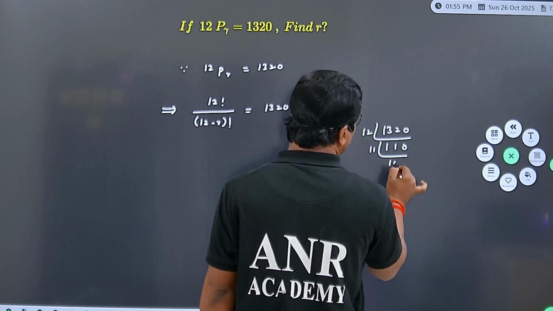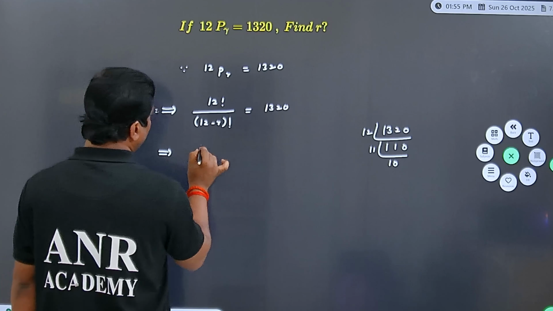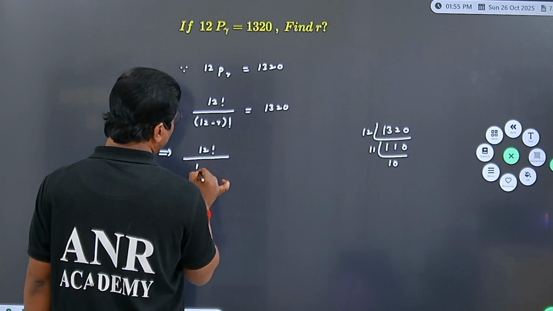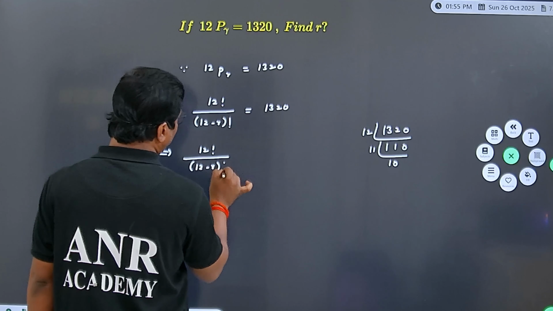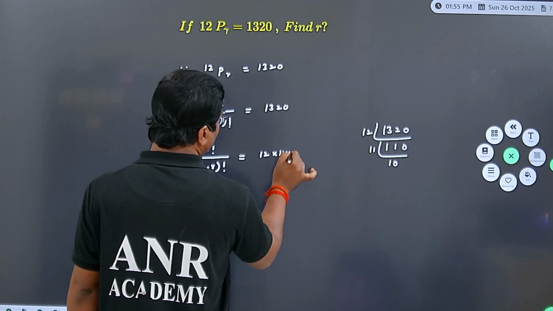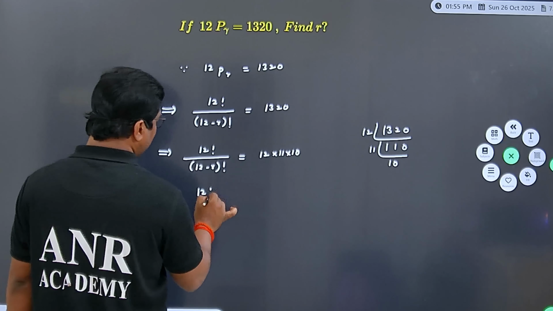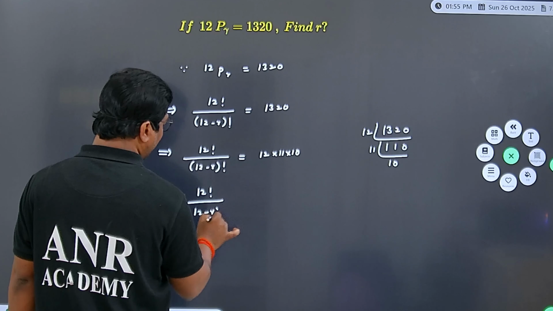Next, 11 tens. Yes, I can write 12! divided by (12-r)! as 12 into 11 into 10.